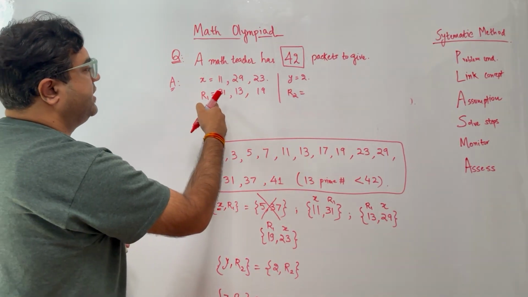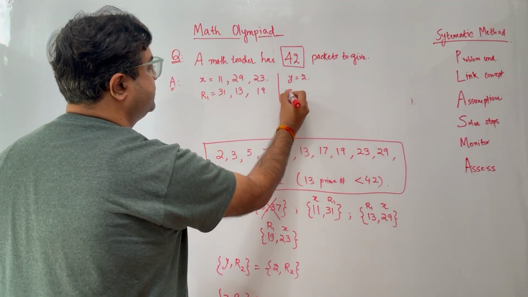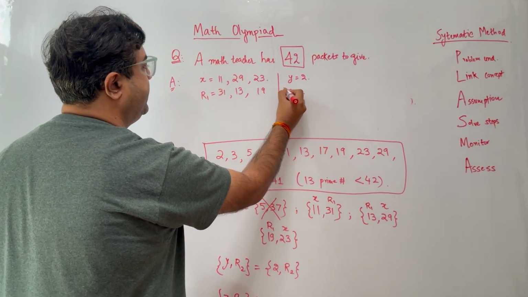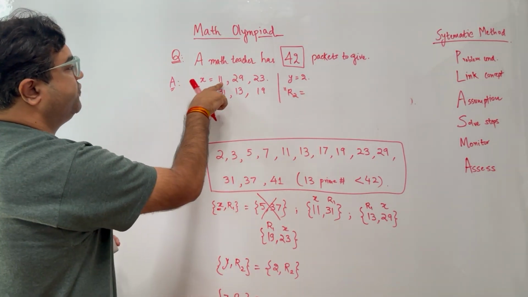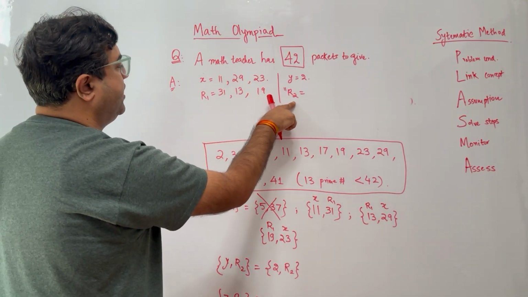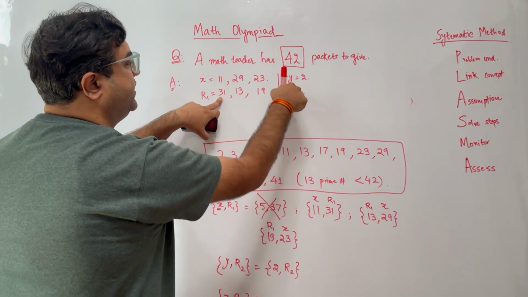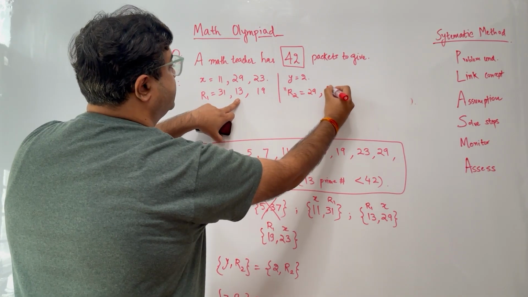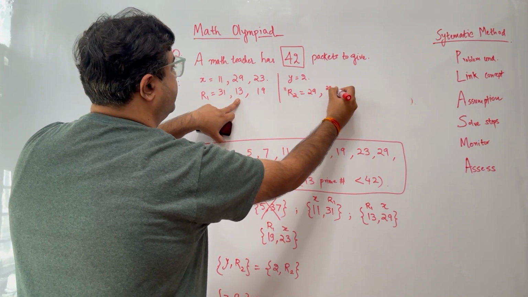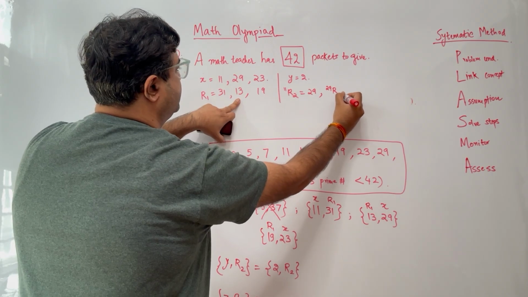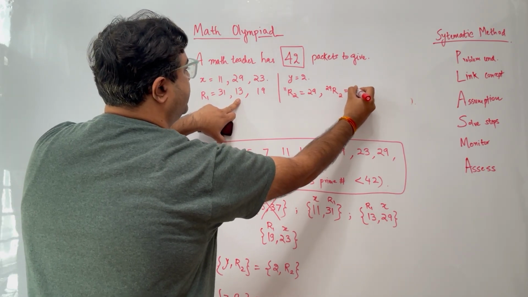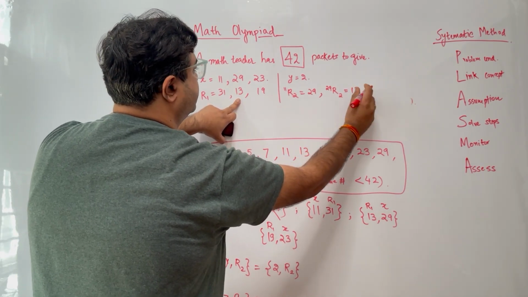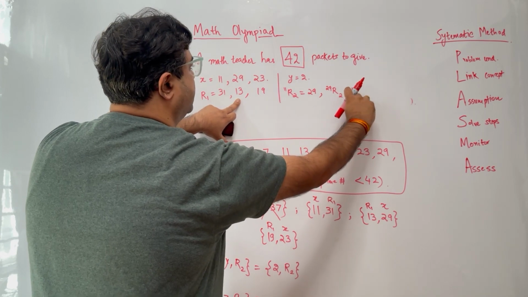So let's say if X is 11, so let's put here 11. For X value of 11, R2 will become 31 minus 2, 29. When X is 29, R2 will become 13 minus 2, that will be 11.